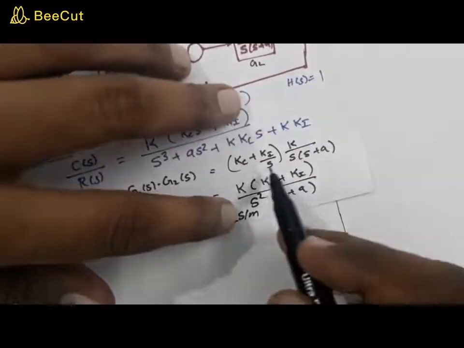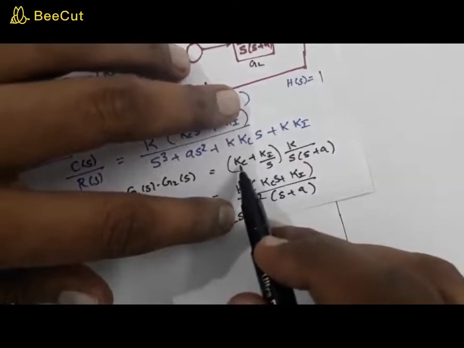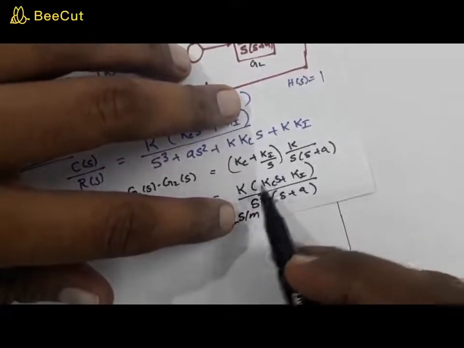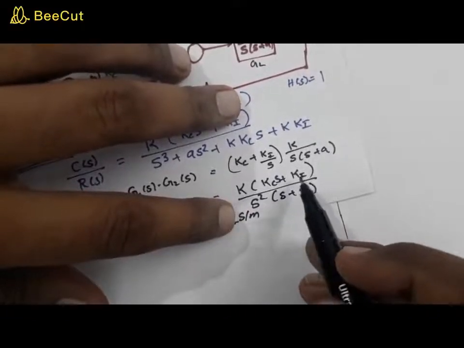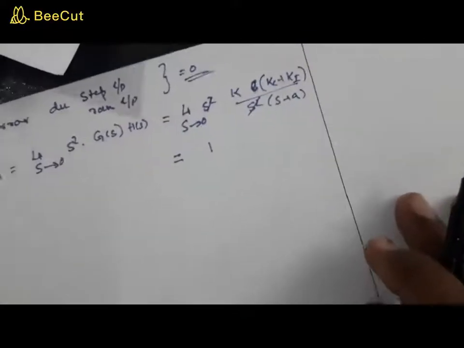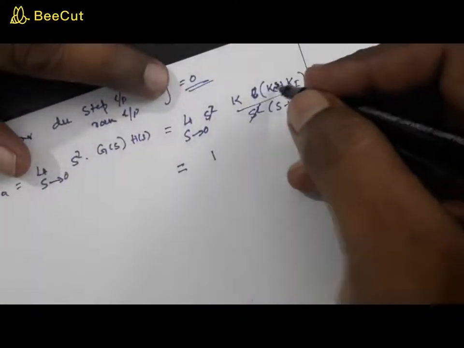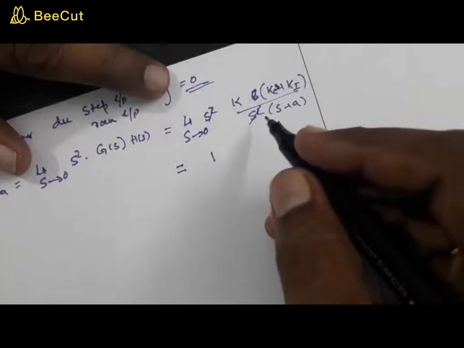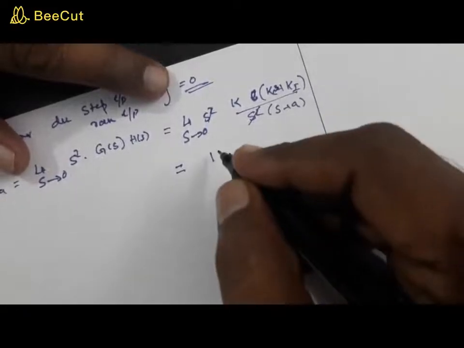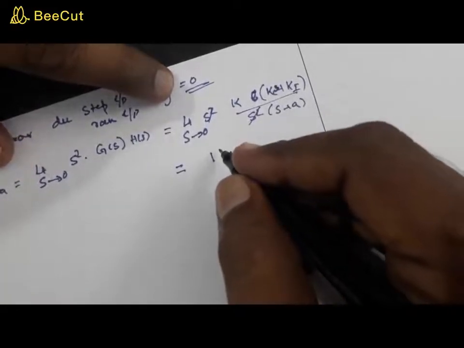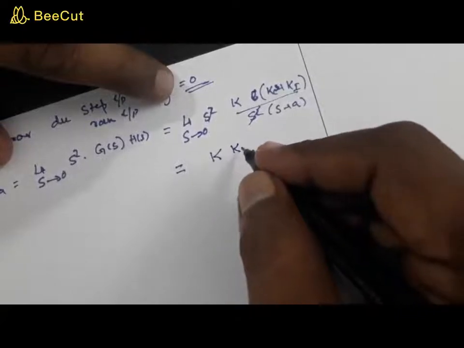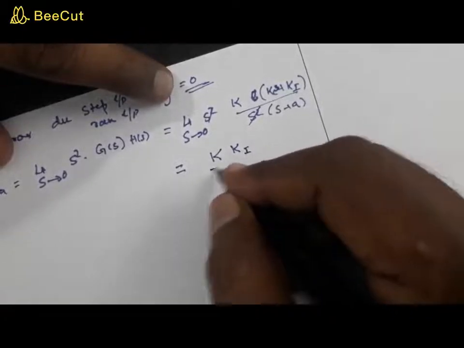When you take the LCM, you will be having a kc into s, so you may just make the correction kc s plus ki. Here also you will be having a kc s. So putting s equal to 0, this will become k into ki divided by a.